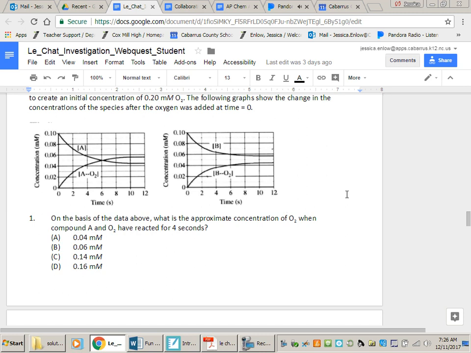It told you at time 4 seconds, if you look at AO, it's approximately what? It's approximately 0.04. I know it's a little above, but it did say approximate, so you will be fine with estimation. So at the time 4, you made it to 0.04 millimolar. Well, how do these react? In what ratio? 1 to 1 to 1, right? So if you have 0 of this, you added 0.04. So how much did you react with each of these?